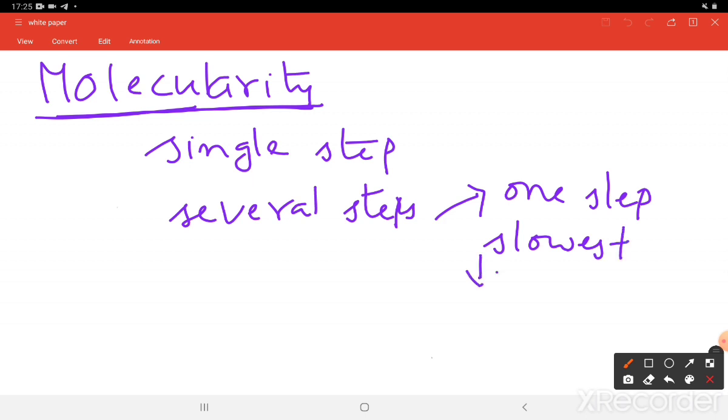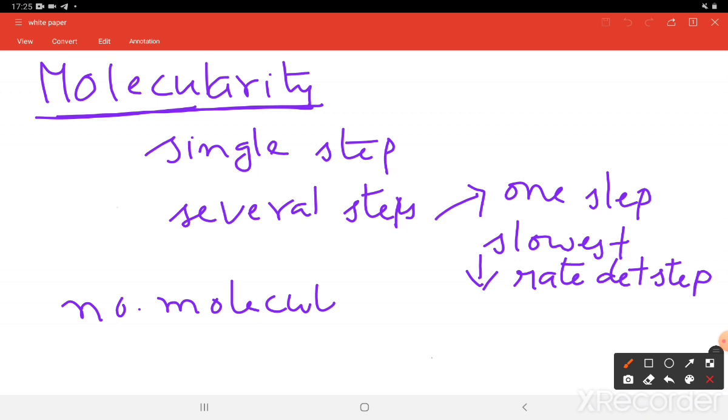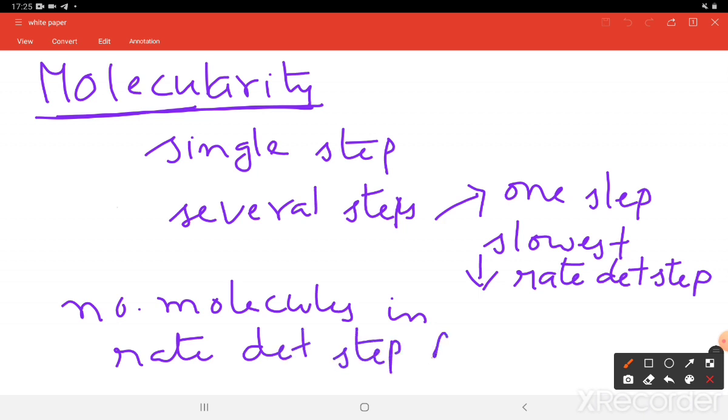In this slowest step of the reaction, which is also called the rate determining step, the number of molecules participating in the rate determining step of the reaction is called the molecularity of the reaction.